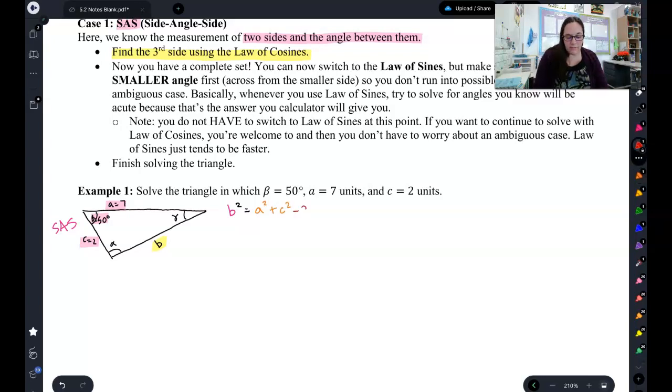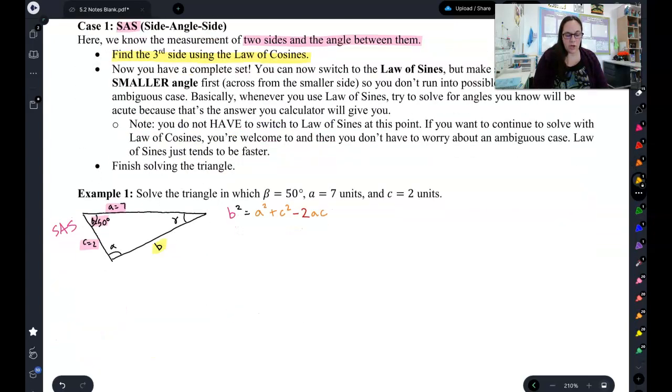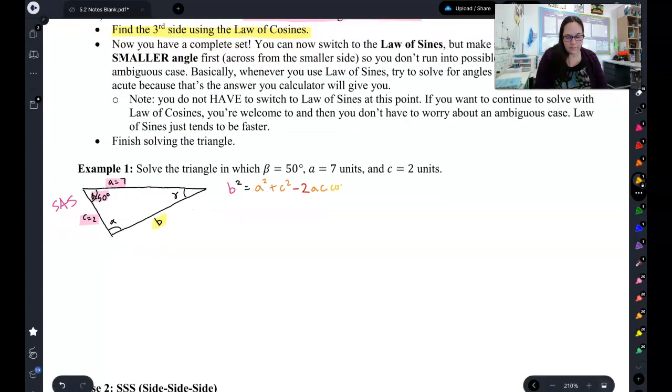Then I always have minus 2. I repeat those two sides again. Then I always have cosine of the angle paired with the side I started with. So I started with side B, so that means I'm going to do angle beta, which is 50 degrees.